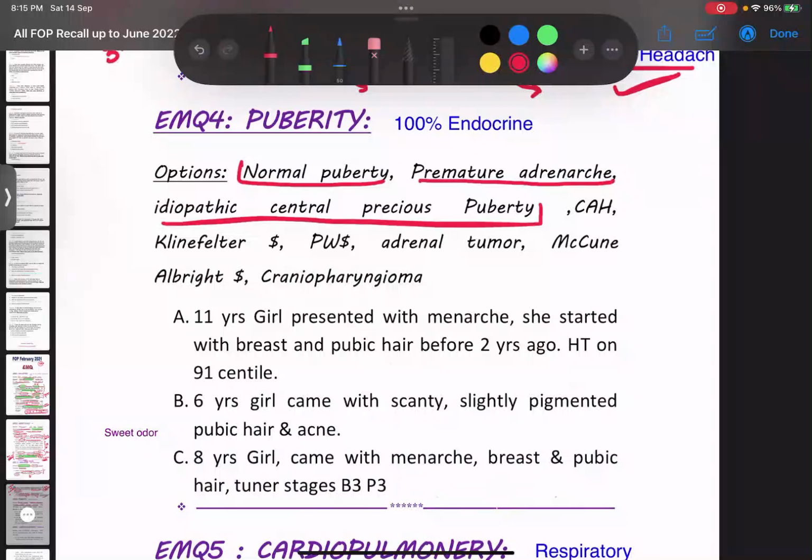Now, what about congenital adrenal hyperplasia? Congenital adrenal hyperplasia is usually in older children. I'm not talking about neonates. In older children, especially boys, they can present to us with precocious puberty, because in congenital adrenal hyperplasia, the most frequent form is 21 hydroxylase deficiency. Usually there will be increased testosterone level. So due to increased testosterone, they can present with precocious puberty. But will that be central or peripheral?